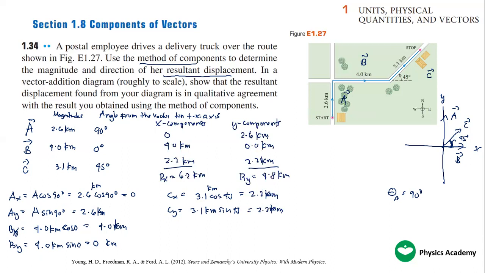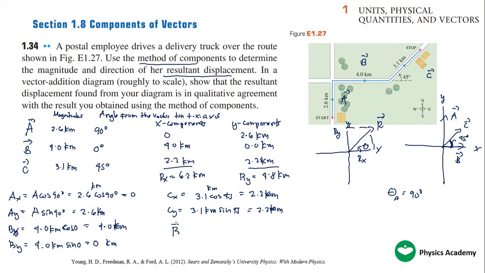Now we can find the magnitude. If you sketch this, this is our y, this is our x. Our resultant vector R is in the first quadrant because Rx is positive and Ry is positive. First we must find the magnitude.